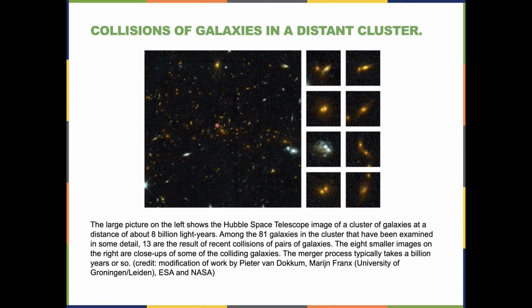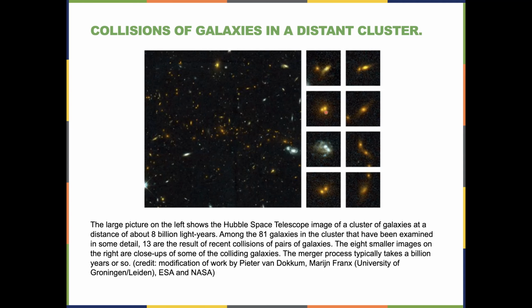Out of those 81, they have identified that 13 are the result of recent collisions of pairs of galaxies, right? So 13 of those galaxies are actually collisions of two galaxies. They have formed as a result of collision between two galaxies, right?